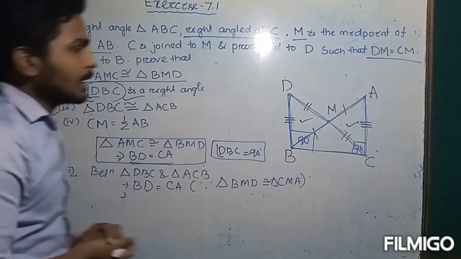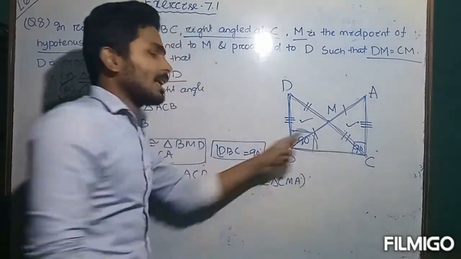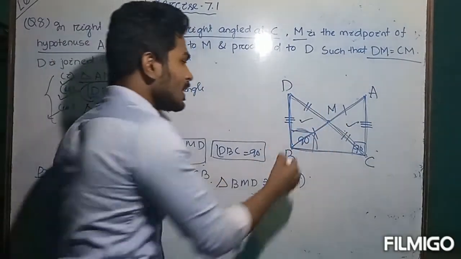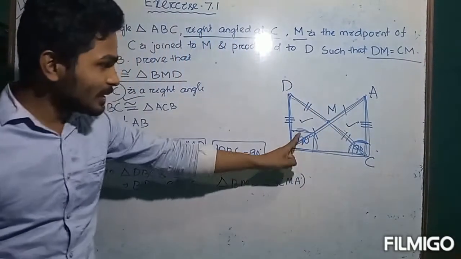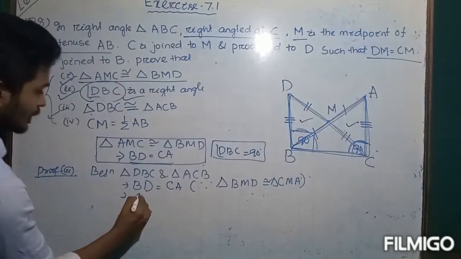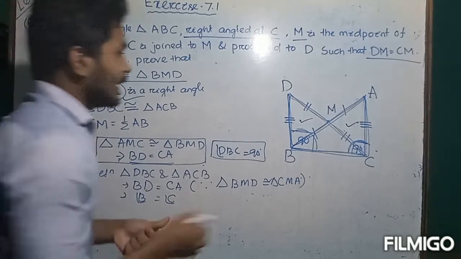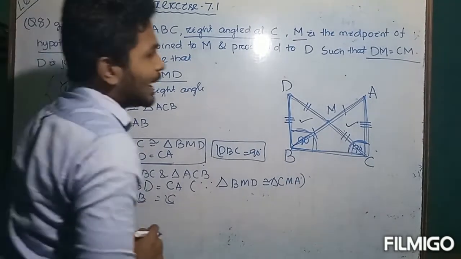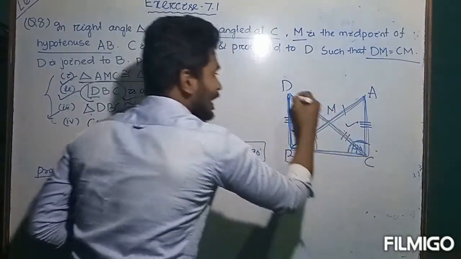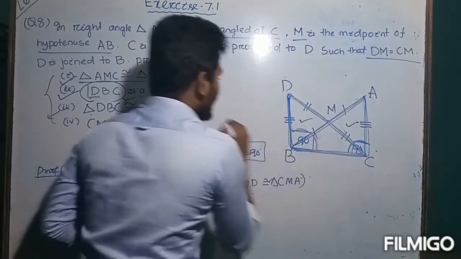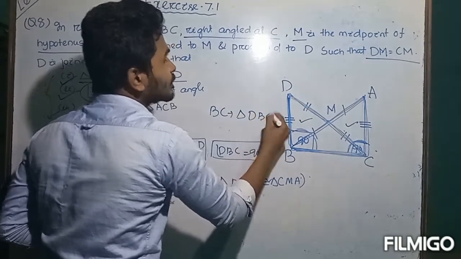Second, if we consider this triangle DBC, then angle B is 90 degrees. Similarly, if we consider triangle ACB, then angle C is also 90 degrees. So angle B is equal to angle C. And then the third thing is that BC is a side of the triangle DBC.